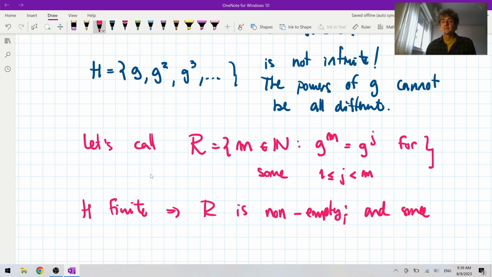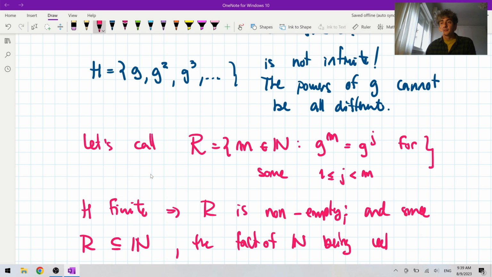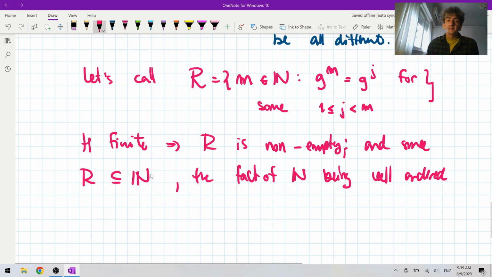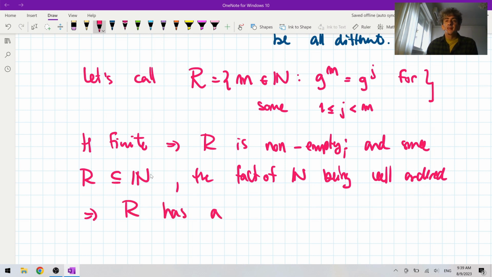And since R is a non-empty subset of N, the fact of N being well ordered implies that R has a first element.